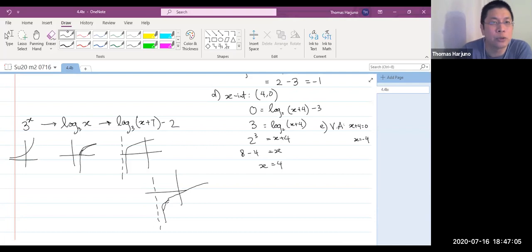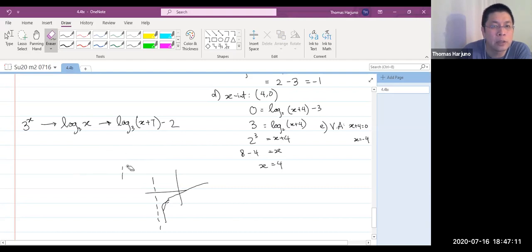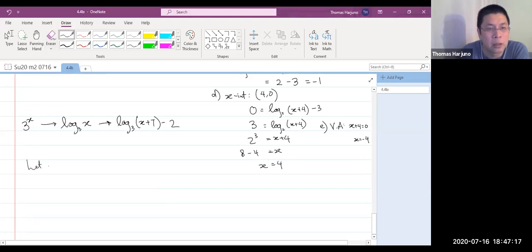Let me just use this example here. Suppose I want to play with this. For example 3, let f(x) equal log base 3 of (x plus 7) minus 2. And what is the domain?